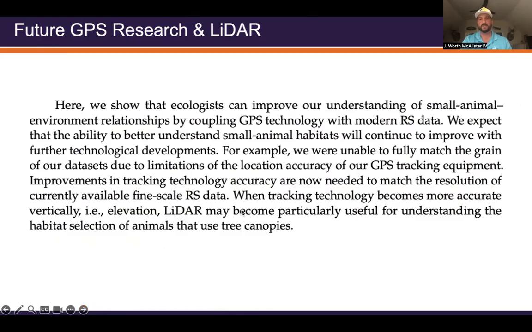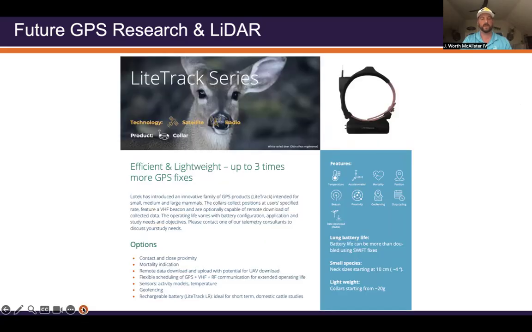They did note in this study that there was a limiting factor because they needed the tracking technology to become more accurate, i.e., elevation using light and then combined with lidar data for understanding selection that used tree canopies. So with vertical data, we could also see where the squirrel was in the vertical structure of the vegetation, and the possibilities are endless for making inference.